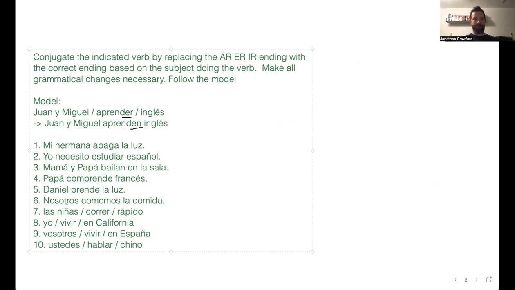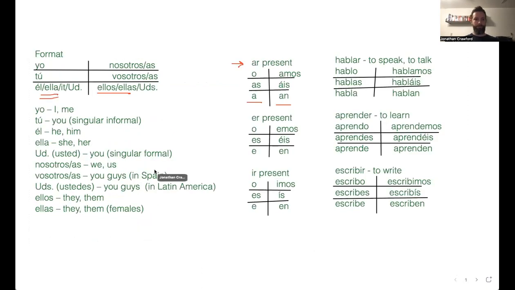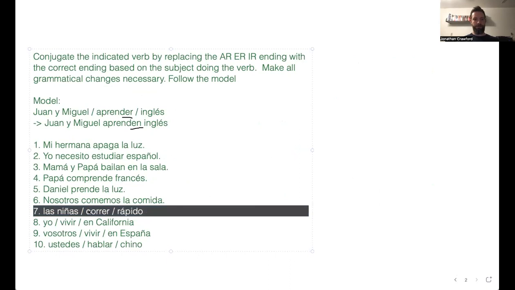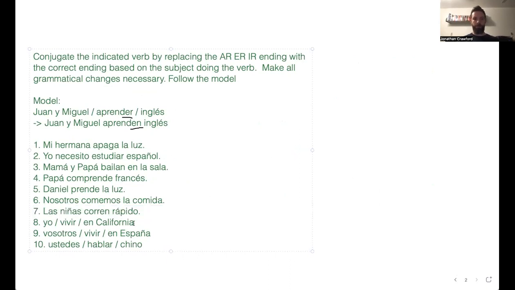All right. Las niñas correr rápido. Las niñas, the girls, run fast. Las niñas, ellas, they, correr, ER verb, corren, EN. Las niñas corren rápido.